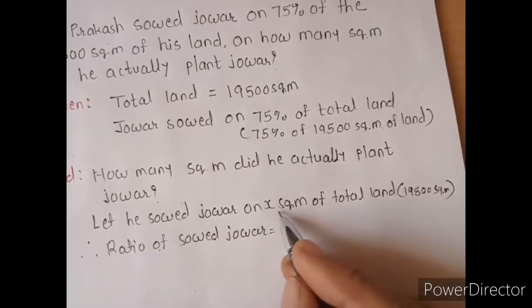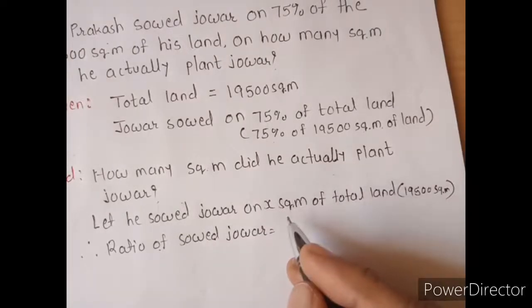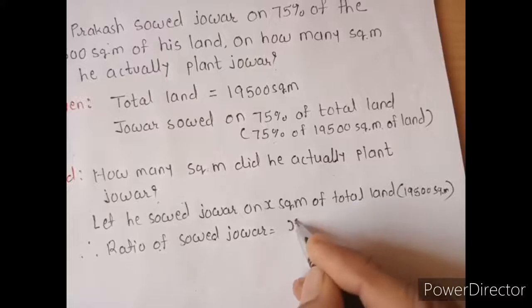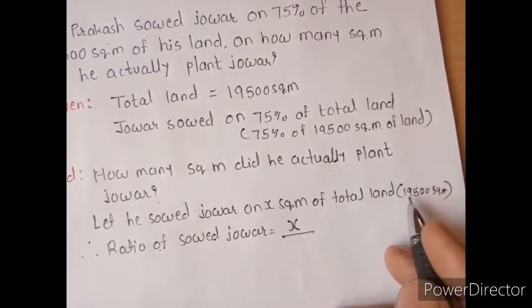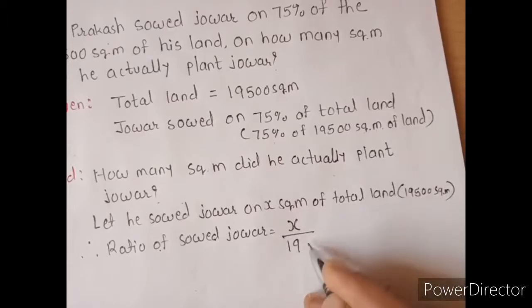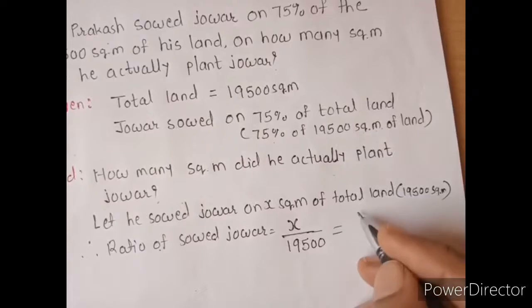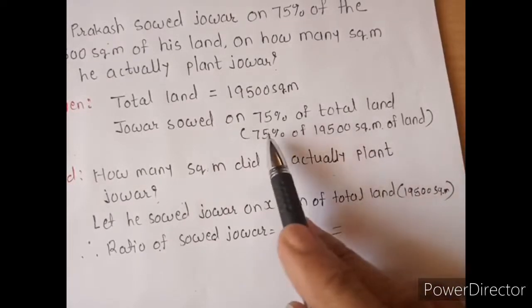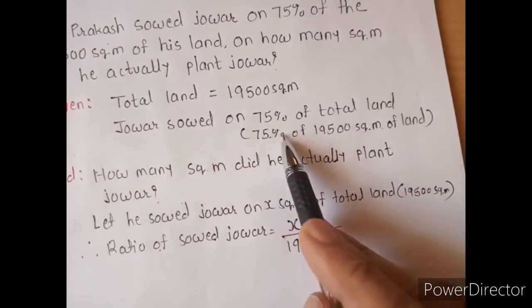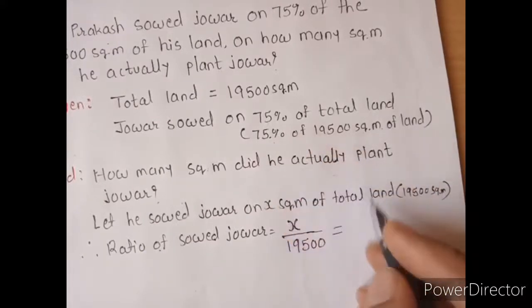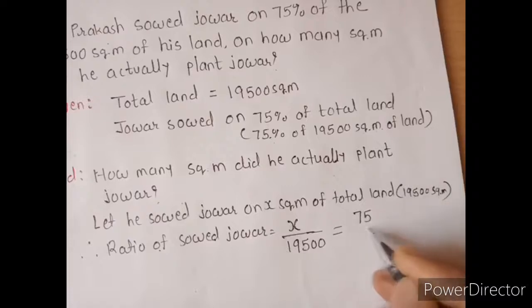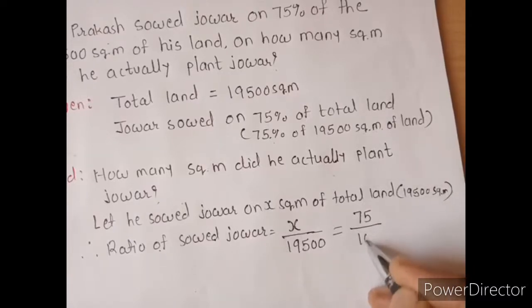Here X square meter of land on which he sowed jawar, so X is written in the numerator. Out of total land, that land given, 19,500 square meter, is equal to, on how much land he sowed jawar? On 75% of land he sowed jawar. So how to write 75%? Yes, 75 upon 100.